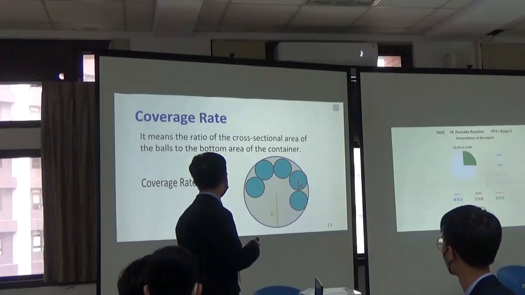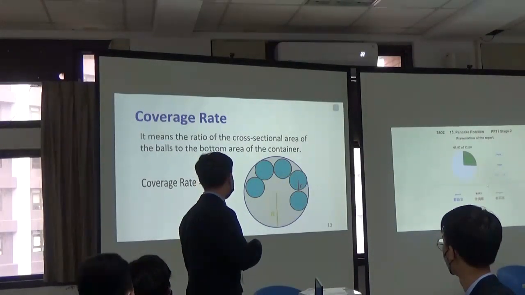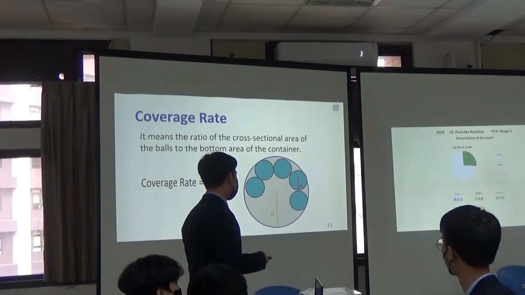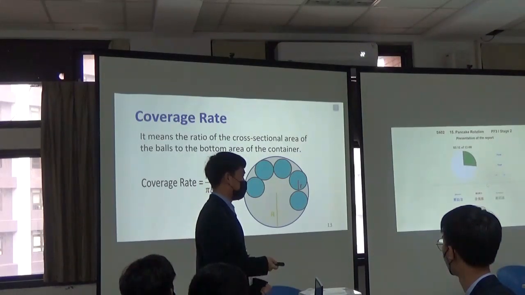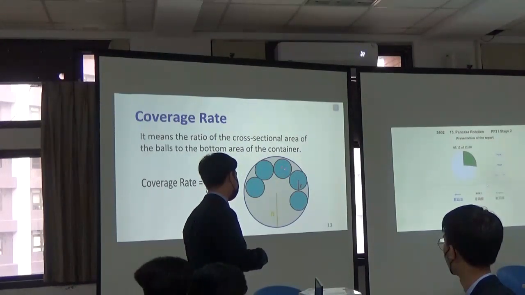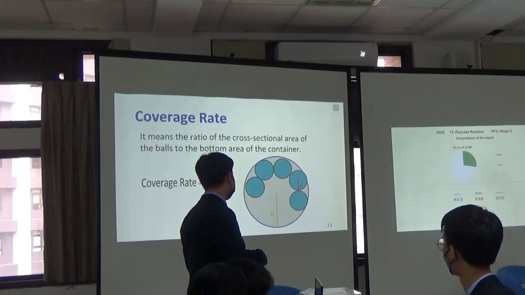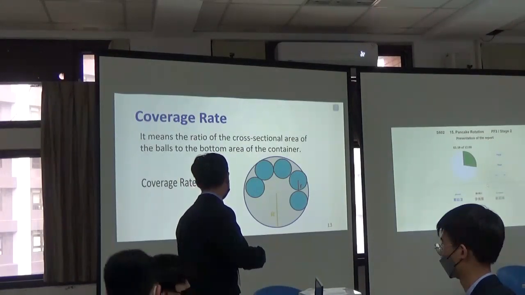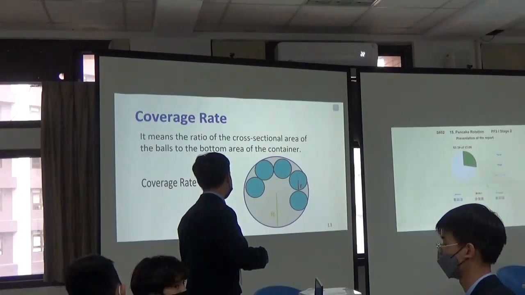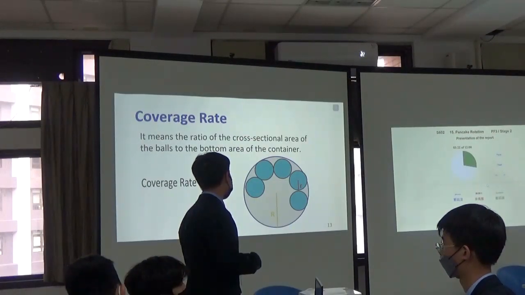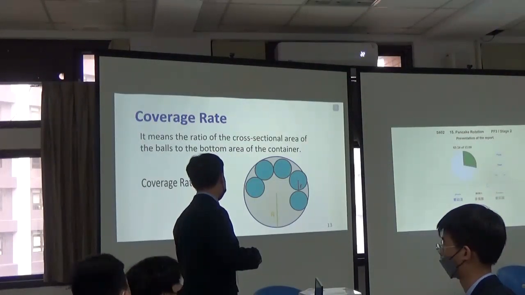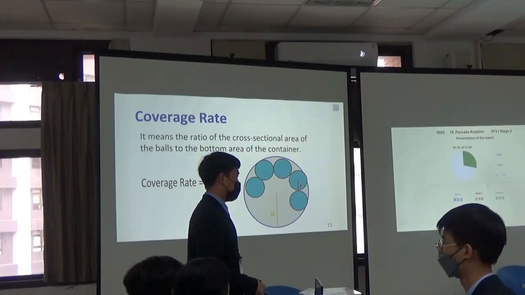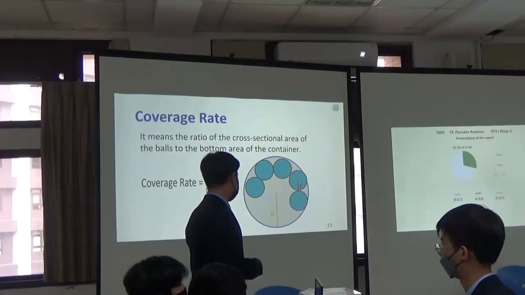Okay, the coverage rate, because we think the rotation motion is related to the ball size and the container size. So we'll have a coverage rate, which is the cross-sectional area of balls over the bottom area of the container.